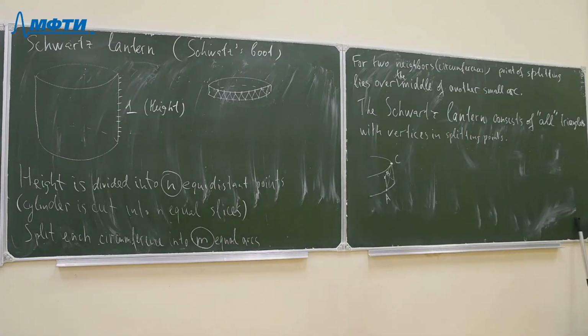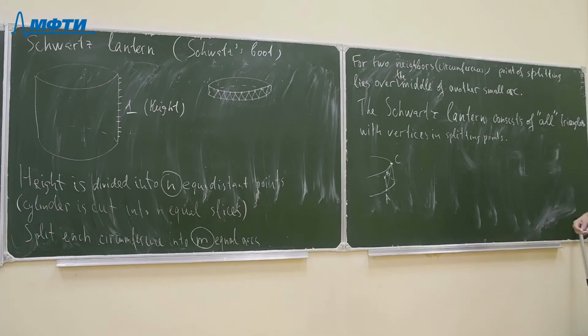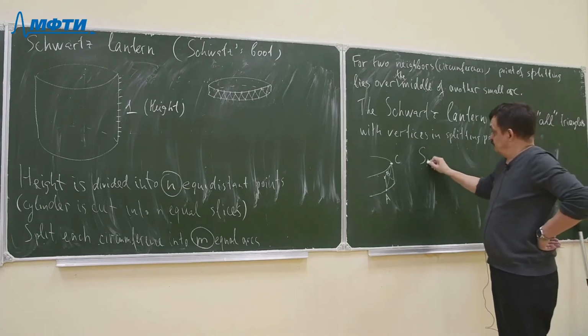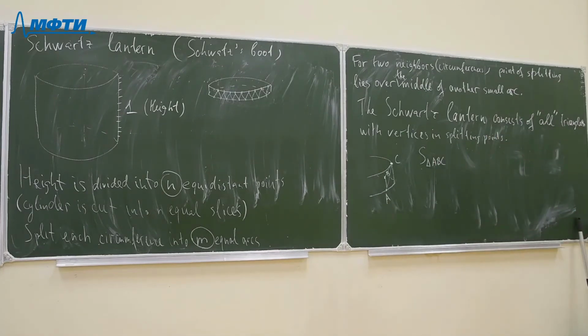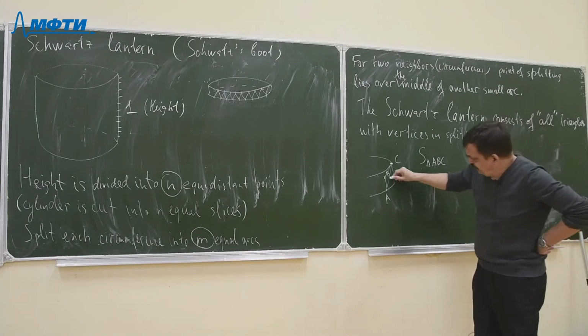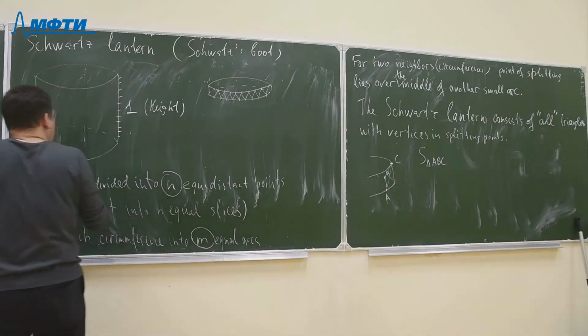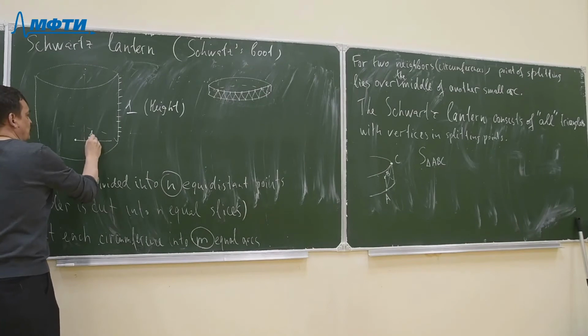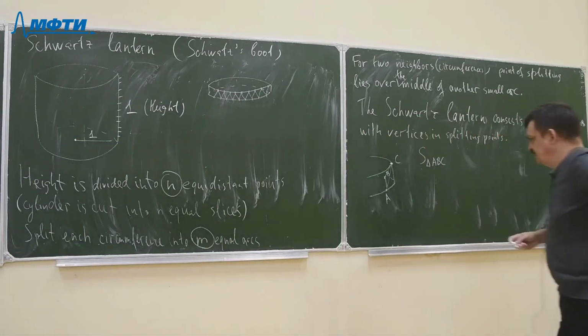We split the height into n pieces and every circumference into m pieces. Okay, let's compute the area of triangle ABC. Let the height be 1 and the radius be 1 as well, to make it easier.